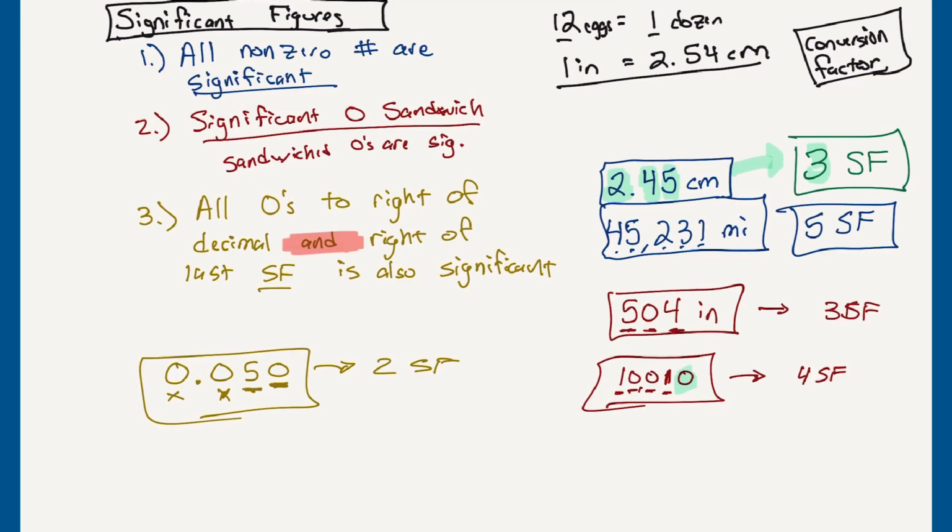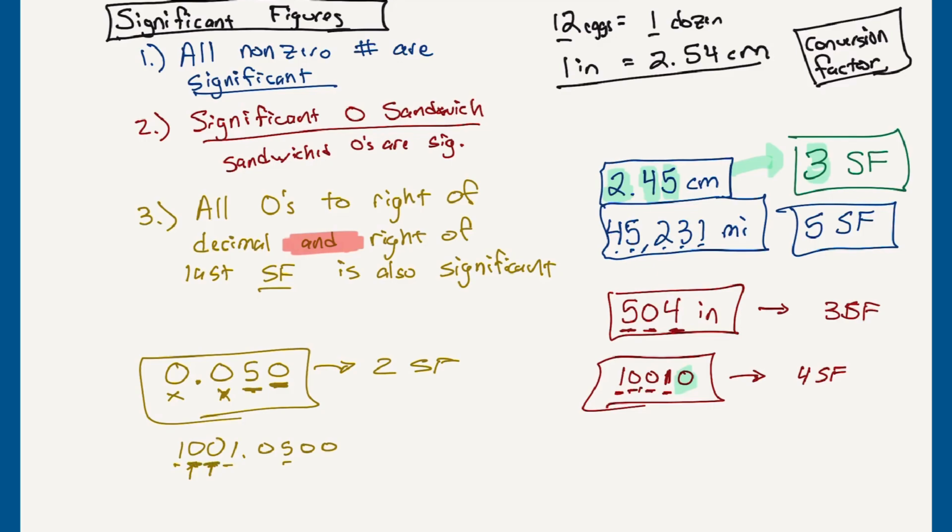Okay, I'm going to give one more example like that. And this one would be 1,001.0500. Okay. So this is a big number with a lot of precision. We got 1, 1, 5 all being significant because of rule number 1. These guys right here are significant sandwiches, so therefore they're significant.